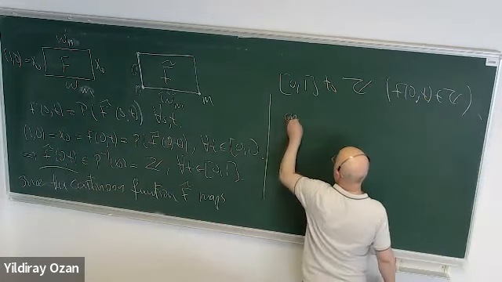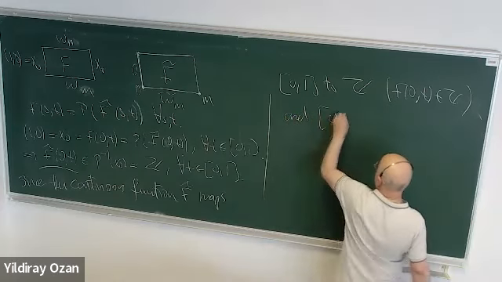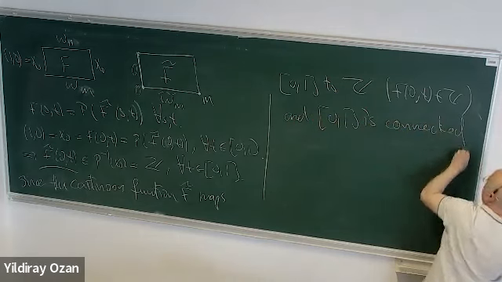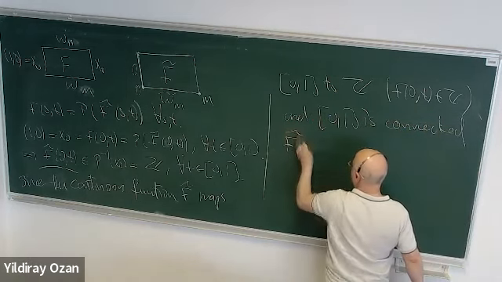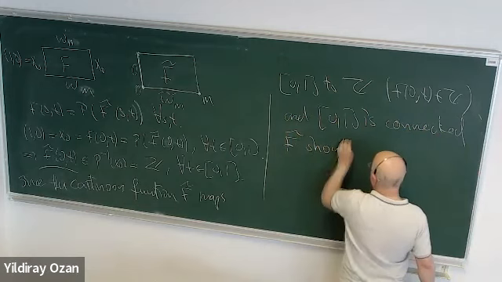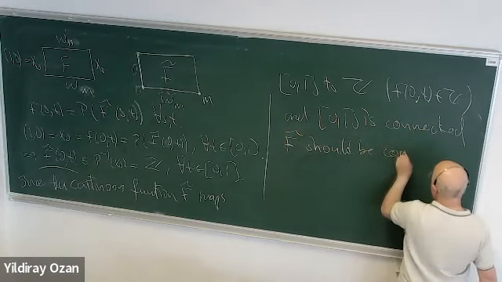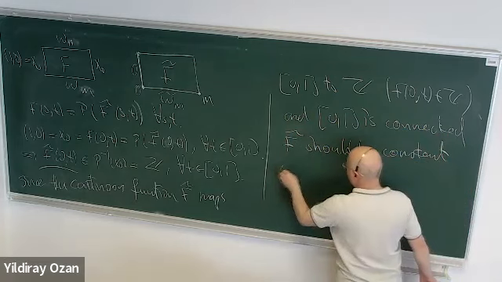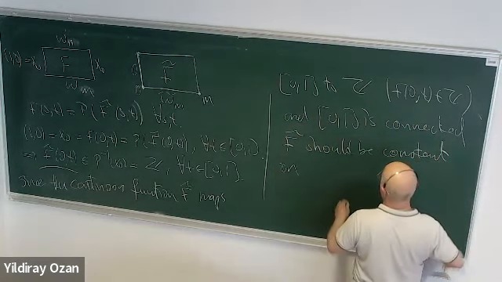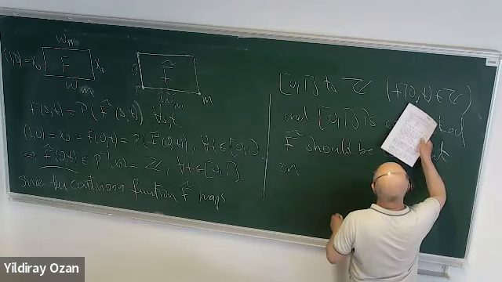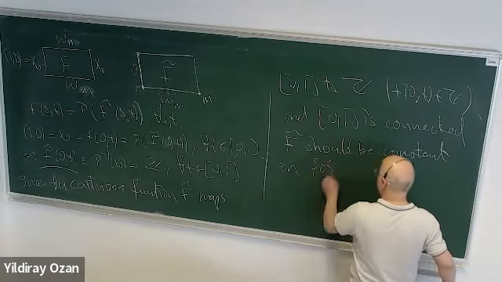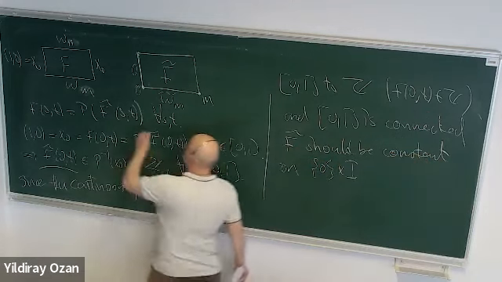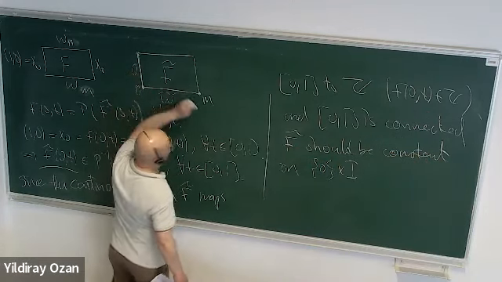And 0, 1 is connected. F tilde should be constant on where? On 0 times interval. So this end, okay? 0 times interval.